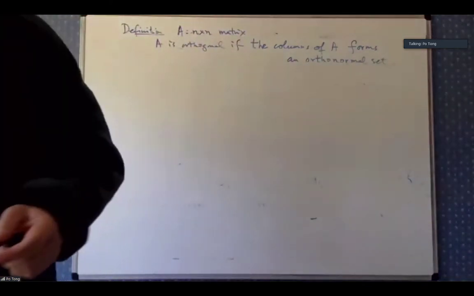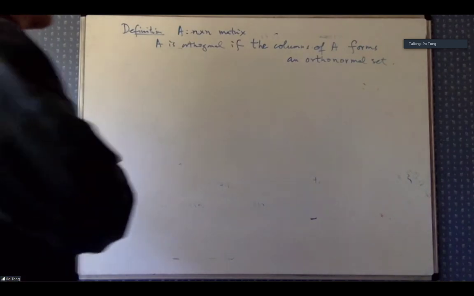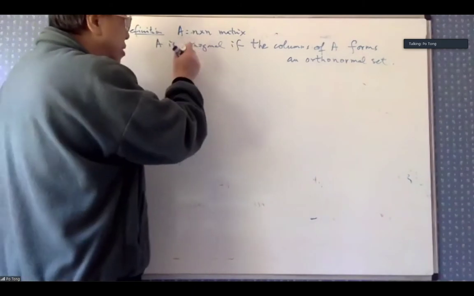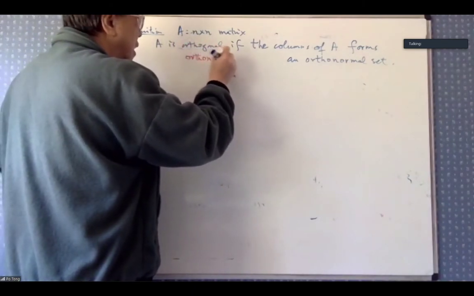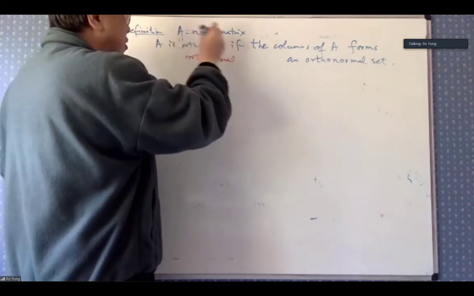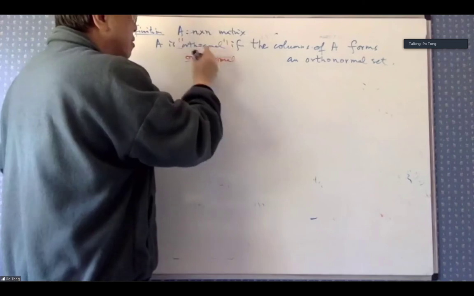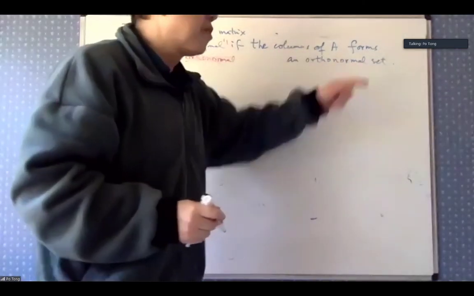Okay. The terminology is terrible, but it's for historical reasons. It would be good if this were called orthonormal, but for historical reasons, it's called orthogonal. So we have to stay with that. The columns of A is an orthonormal set.